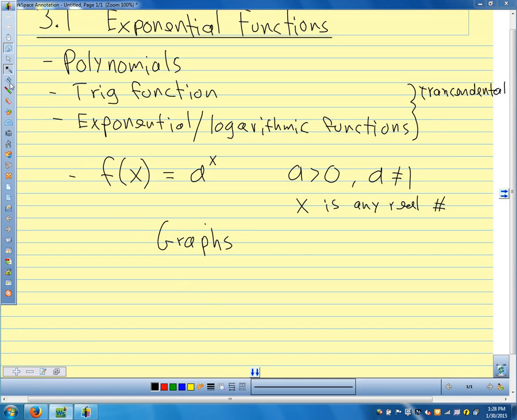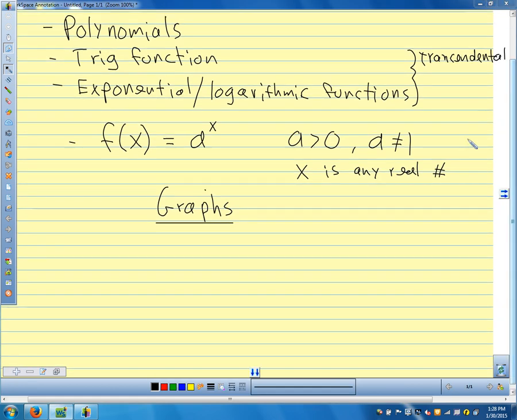So now we need to talk about their graphs. We want to know what they look like. I know graphing is everyone's favorite topic. So we have f of x equals a to the x. The domain of an exponential function: we can plug in any number we want, so all real numbers, negative infinity to infinity.